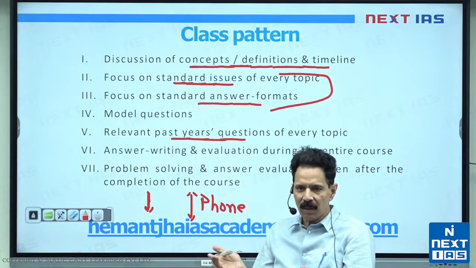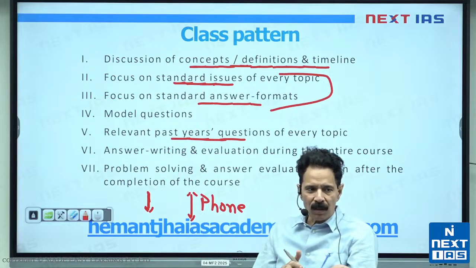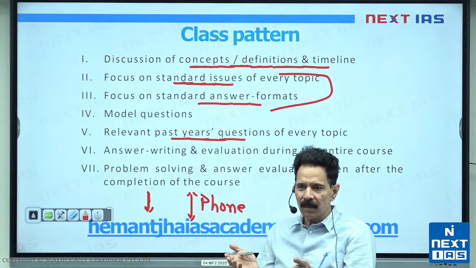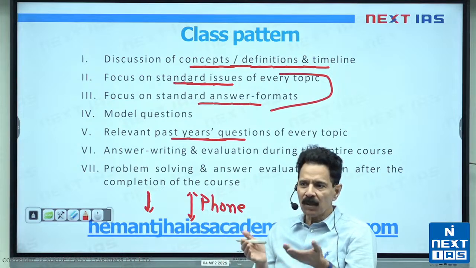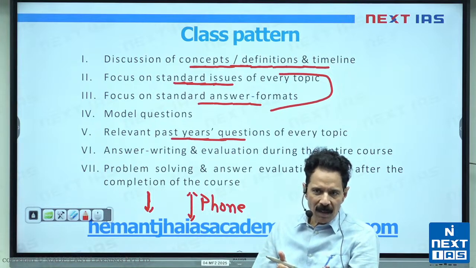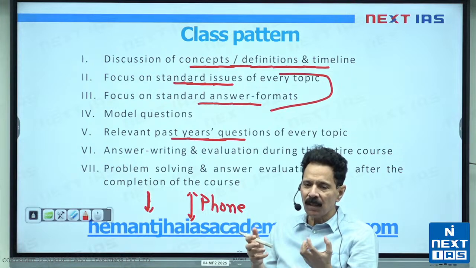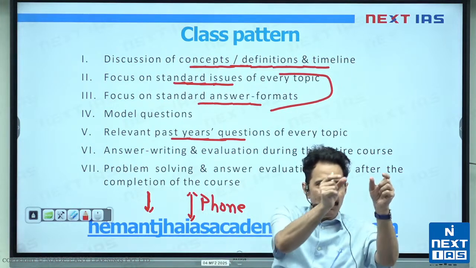We will have to study here: was the American Revolution a revolution or a war of independence? Give views. You will have to study, do you think the American Revolution was a middle class revolution? You will have a question, do you think the American Revolution was a sudden movement? So, these are some standard issues.